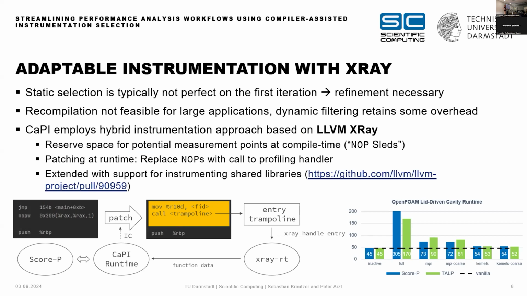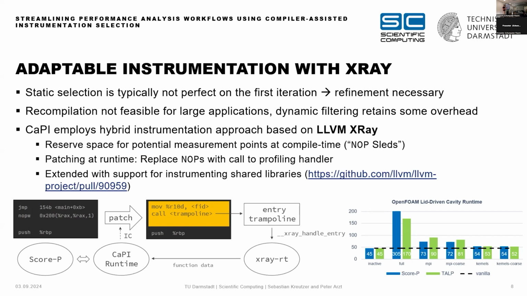But if you do static instrumentation and static filtering, this is not really feasible for very large-scale applications such as OpenFOAM, because it just takes a long time. You can also do dynamic filtering, but that also retains some overhead. So for that reason, we employ a hybrid instrumentation approach based on LLVM XRay.